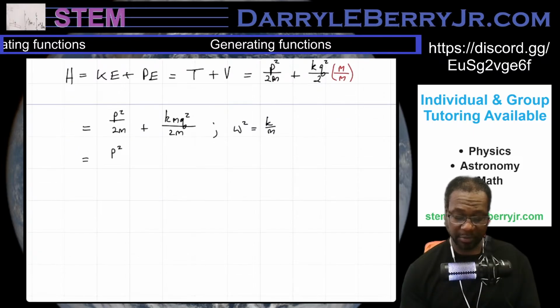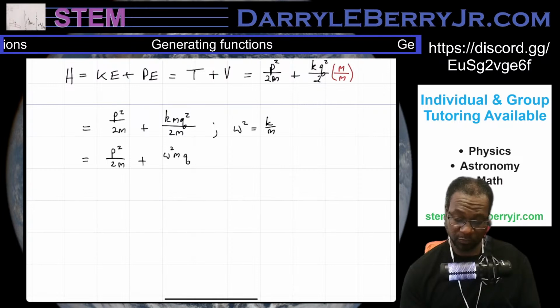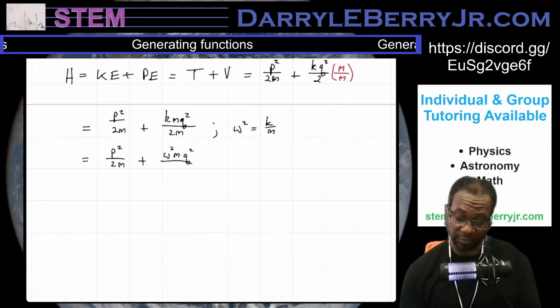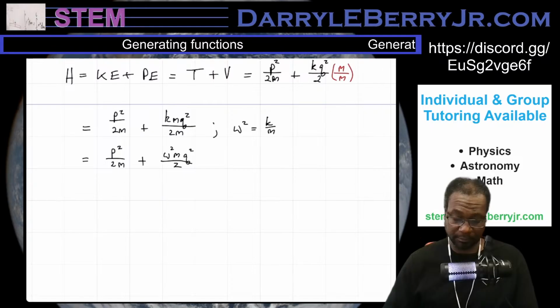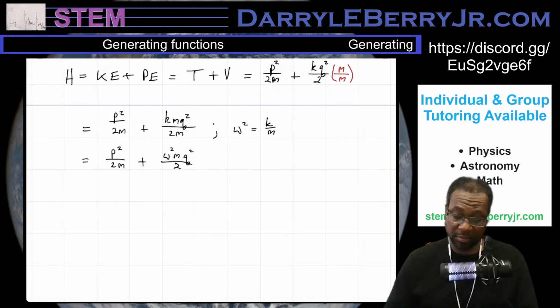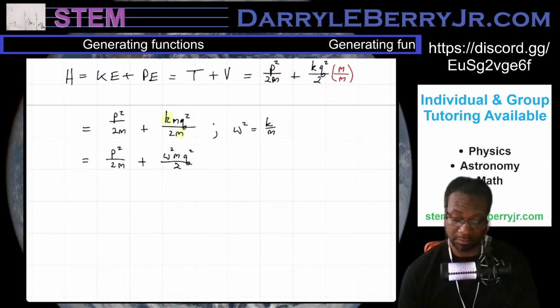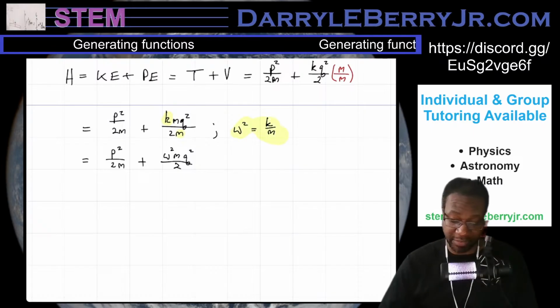So this becomes P squared over 2M plus omega squared M Q squared over 2, because the K over M here ends up being omega naught squared.